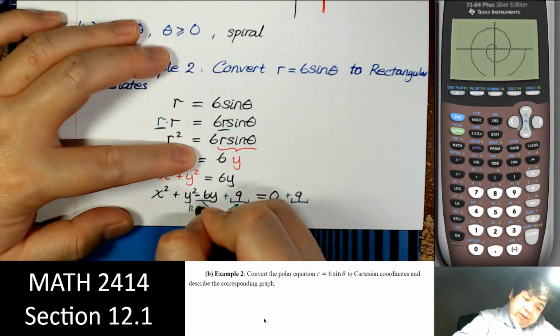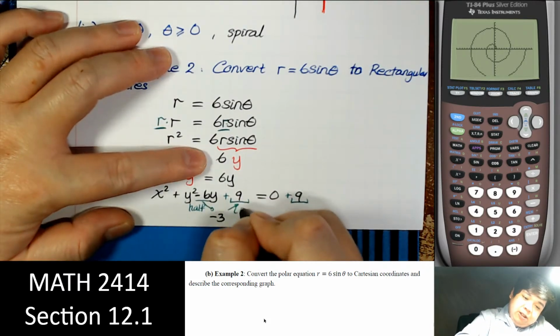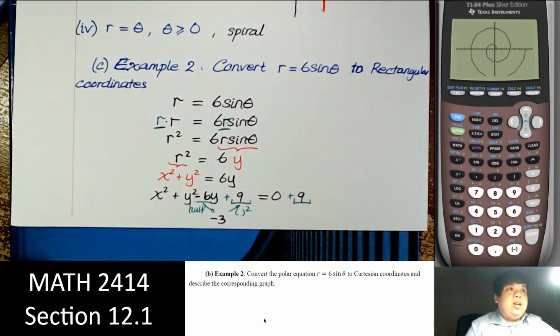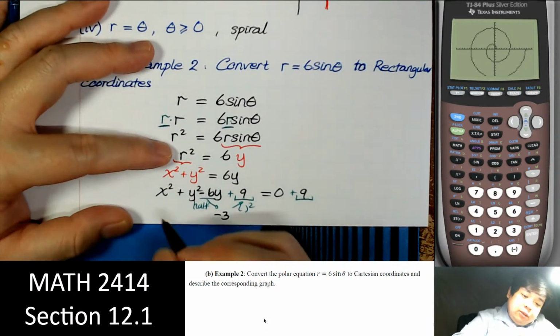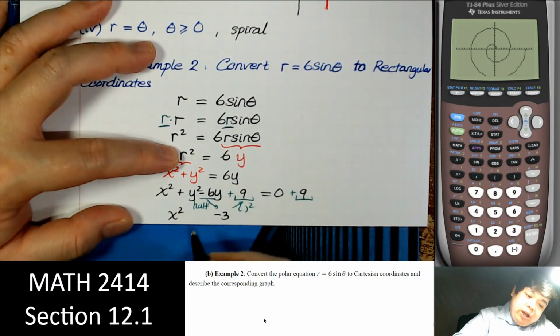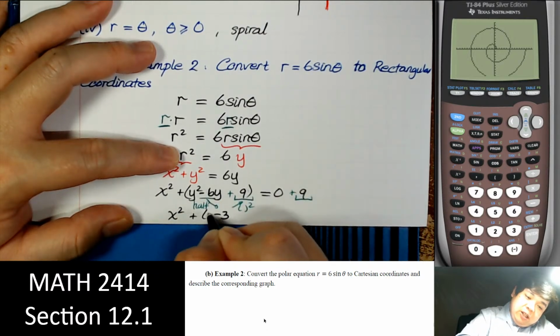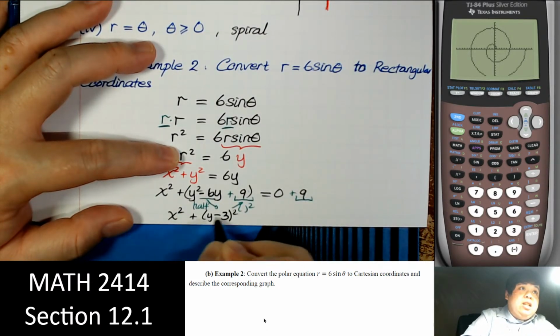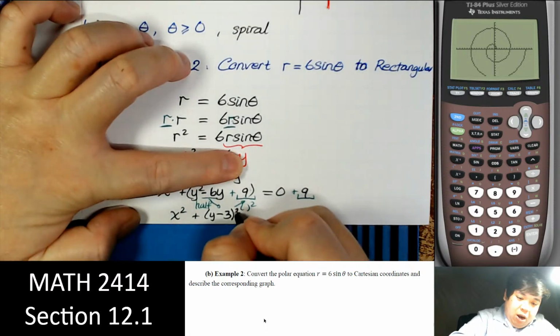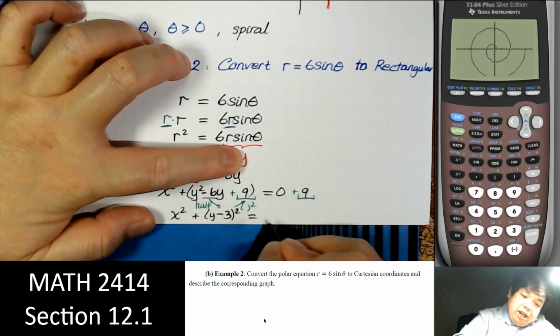So we have half, and then we square it. So we have that. x squared is still x squared, and now those three terms together are a perfect square: y minus 3 squared, and that equals 9.